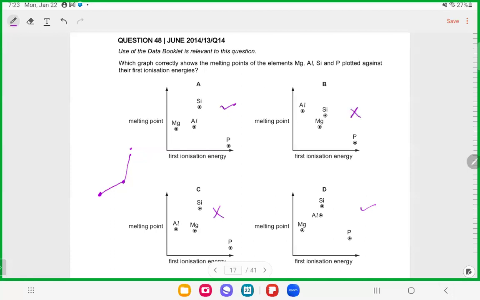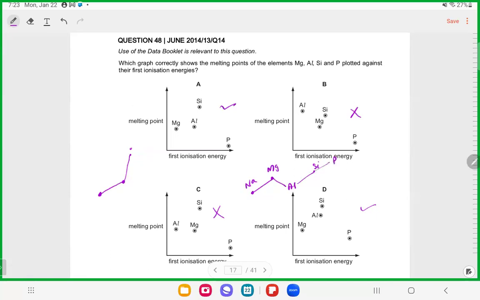Clear? First आयनाइजेशन एनर्जी मैग्नीशियम, मैग्नीशियम से कम एल्युमिनियम, है ना? और फिर याद है ट्रेंड आयनाइजेशन एनर्जी का? सो यू हैव द आयनाइजेशन एनर्जी ट्रेंड सोडियम, then you have magnesium, then you have aluminum, and then you have silicon, and then you have phosphorus.